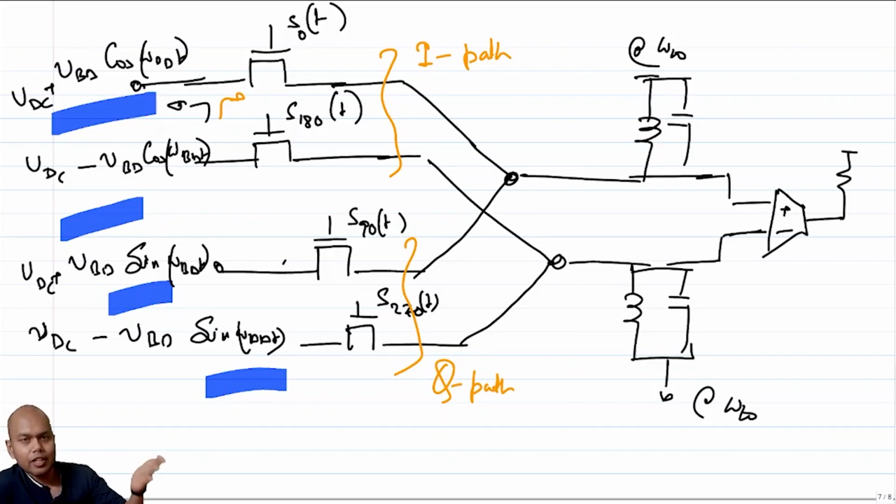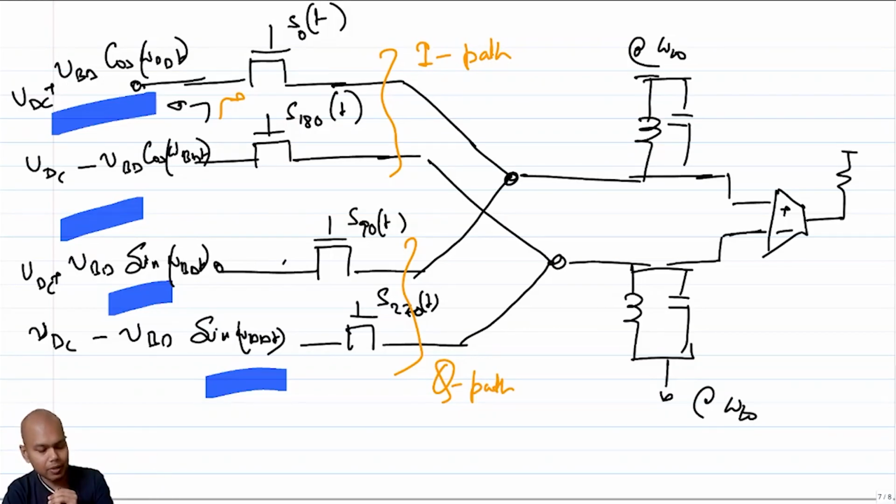Which essentially means that just like you cannot have perfect image rejection when you have I and Q at the receiver and are combining them, you will not have that scenario where we get no image at all, right? So depending upon the accuracy between the I and the Q path, the driving capacity between the I and the Q, and the matching between the I and the Q path, you can get a certain amount of image, which means that the component at omega LO plus omega IF can be present, but the component at omega LO minus omega IF will not be fully gone, right?